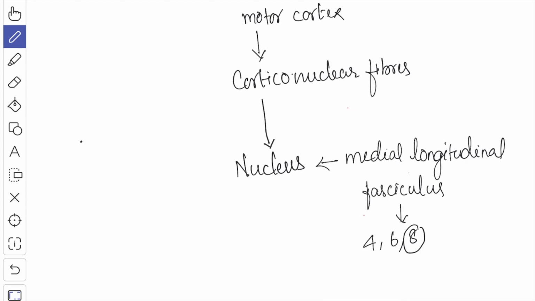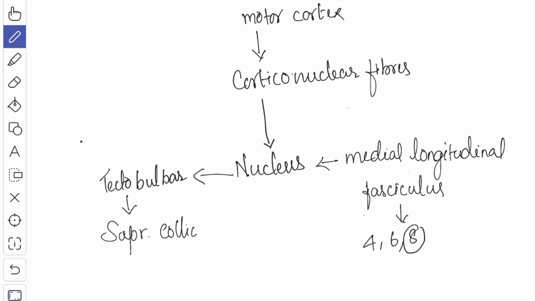The next connection is through the tectobulbar fibers or tectobulbar tract, which connects the nucleus through the superior colliculus to the visual cortex.